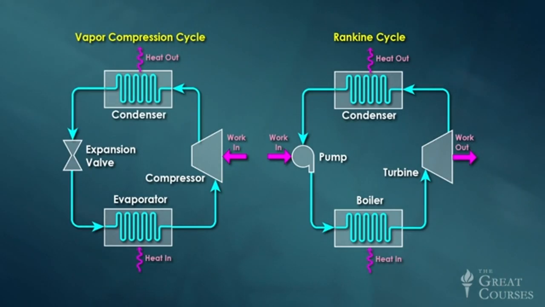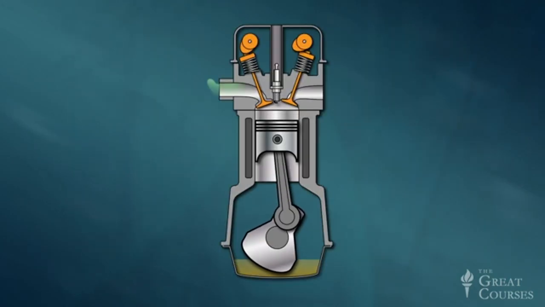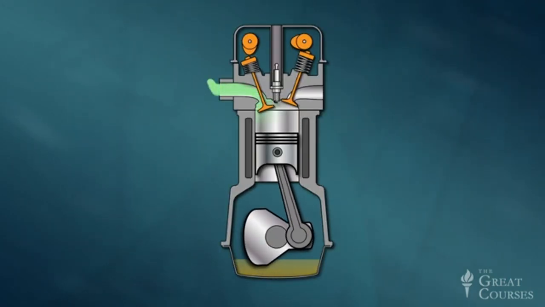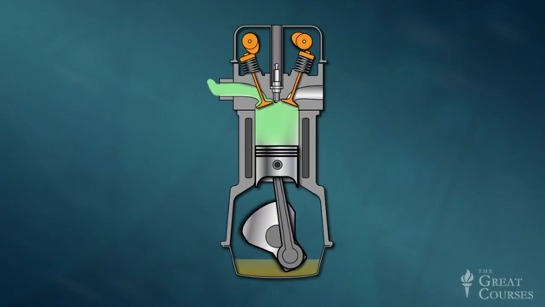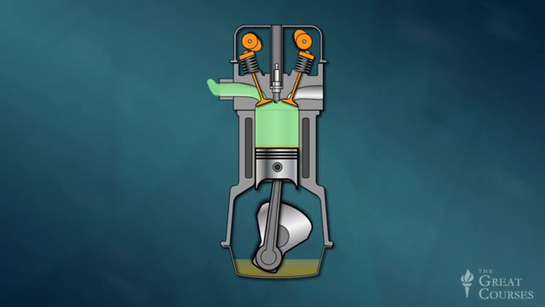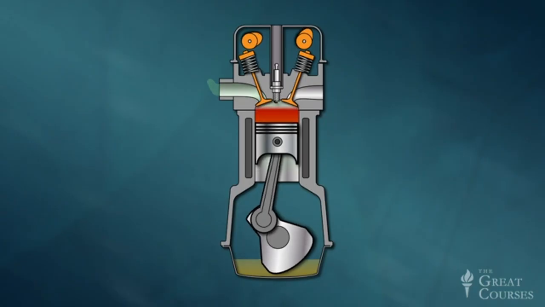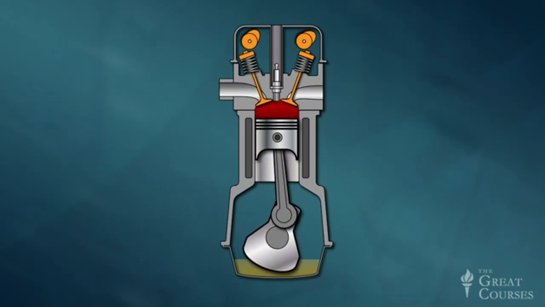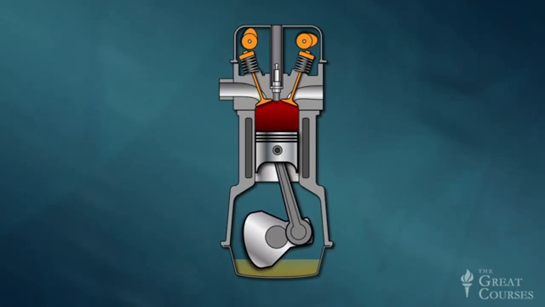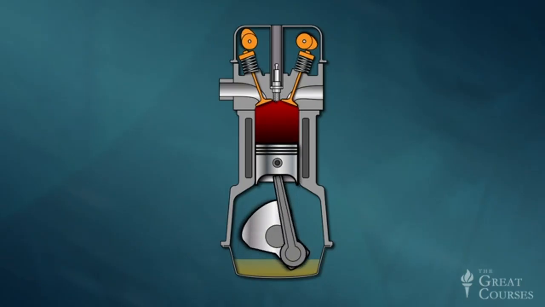quantity or chemical composition. In contrast, during the Otto cycle, the working fluid, a mixture of air and fuel, is drawn into the cylinder in discrete batches, and then it's expelled. And its chemical composition actually changes over the course of each cycle through the combustion reaction.